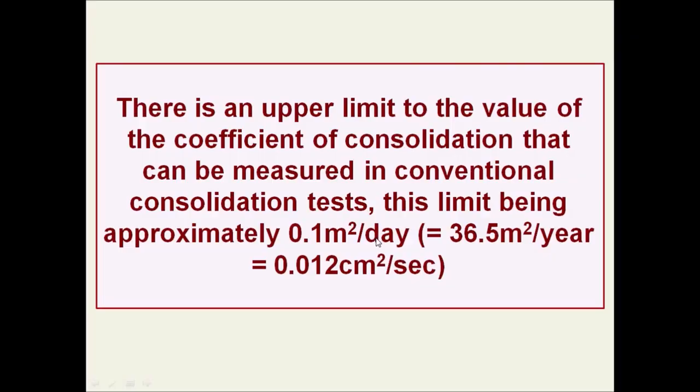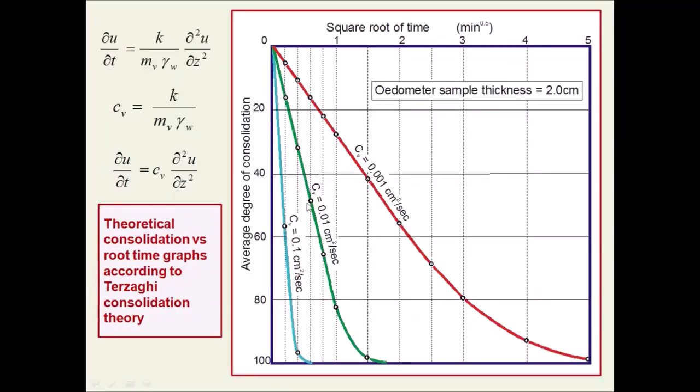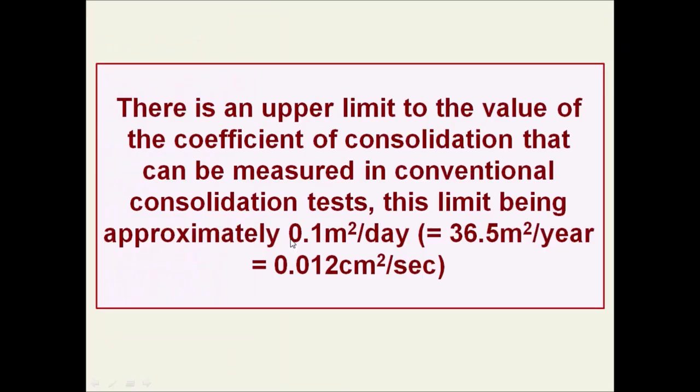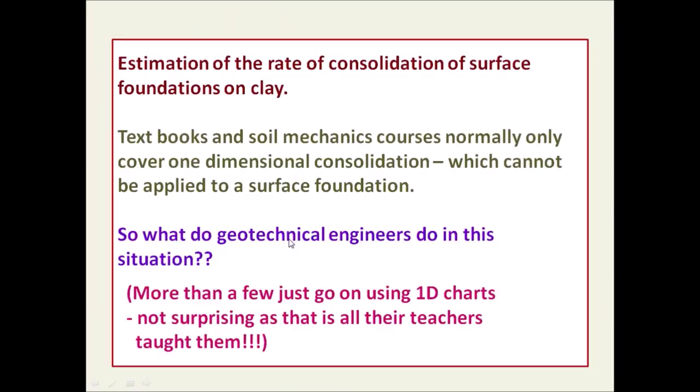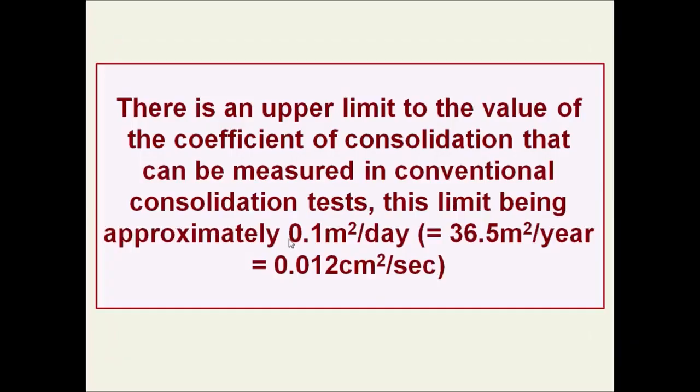That's the center curve of those curves I showed you a moment ago. By the time you get down here, it's happening so rapidly that you're not going to get reliable information about the rate of pore pressure dissipation. And the next issue, well, just go back to this for a moment. It's not the case that your odometer test is then useless, because it is telling you that your CV value is high and it's above that value there.